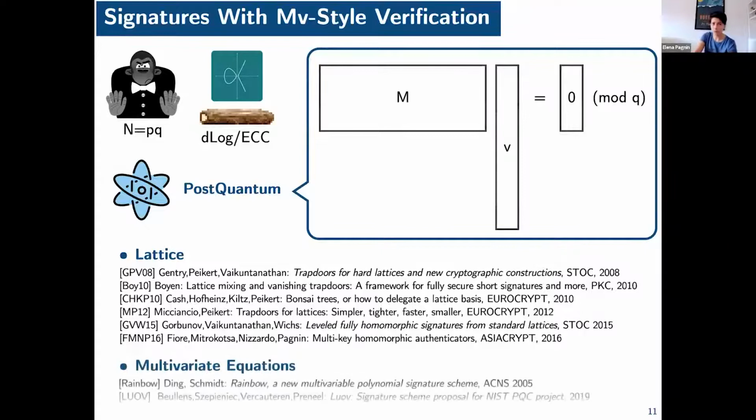We also have some digital signatures based on multivariate equations that meet this matrix-vector style of verification. What I will show you next, which is our compiler to obtain efficient verification, actually applies to all of these. In particular, I want to highlight Rainbow, which is one of the finalists of the NIST competition.